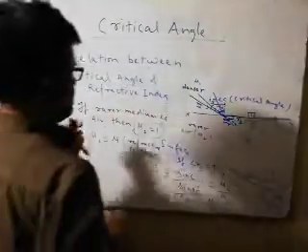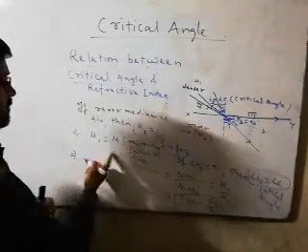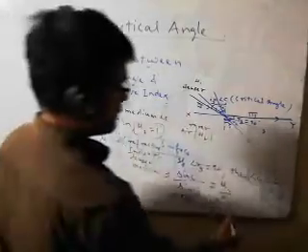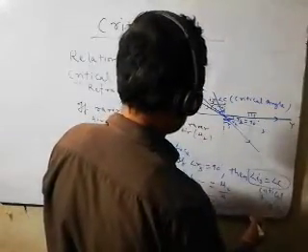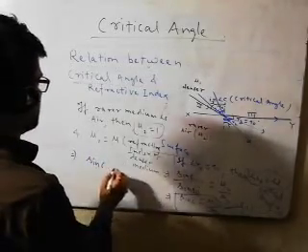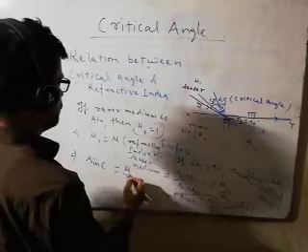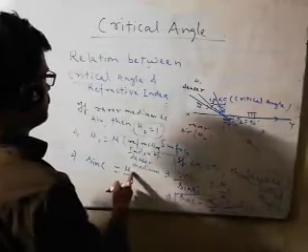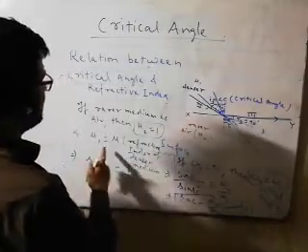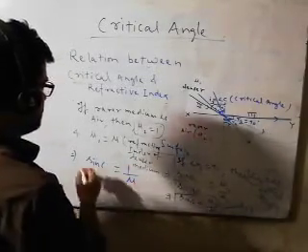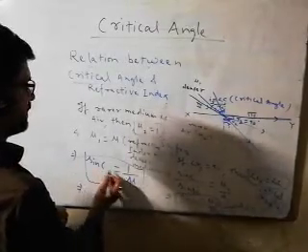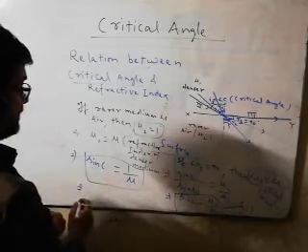So we put these two values in this equation. What are we getting? Sine C is equal to mu2, which is 1, over mu1, which we write as mu. So what we see is that sine of the critical angle is the reciprocal of the refractive index.